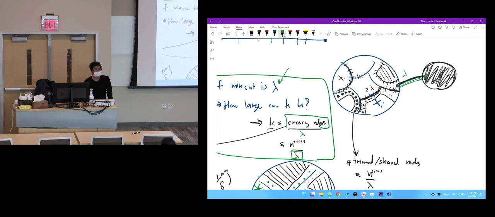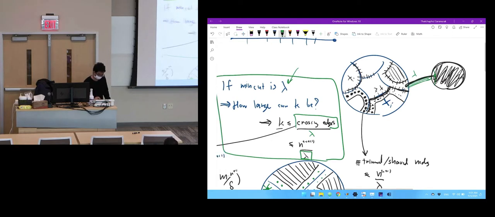So this is an example where you actually get at most lambda plus supernodes.